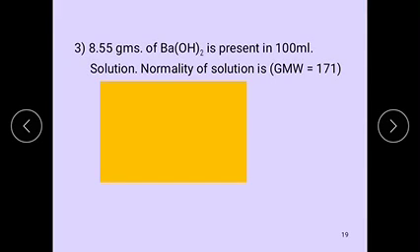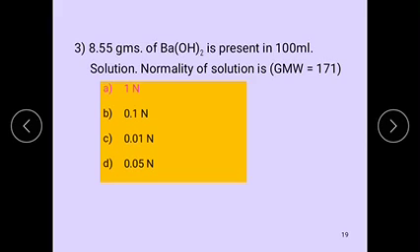Next one is question 3. 8.55 grams of barium hydroxide present in 100 ml solution. Normality of the solution is A, 1N, B, 0.1N, C, 0.01N, D, 0.05N. The right answer is 1 normal solution.